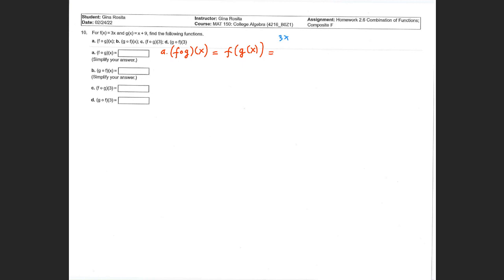Now we have the function f. Change x with g of x. G of x is x plus 9. Now we just simplify and it becomes 3x plus 27. Distribute. Follow that. Now B.